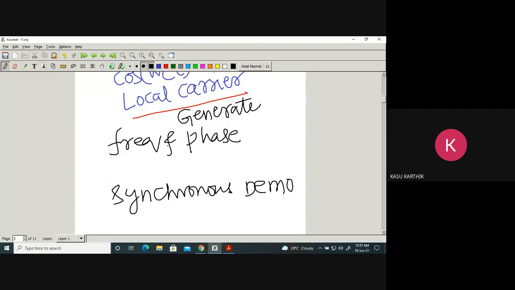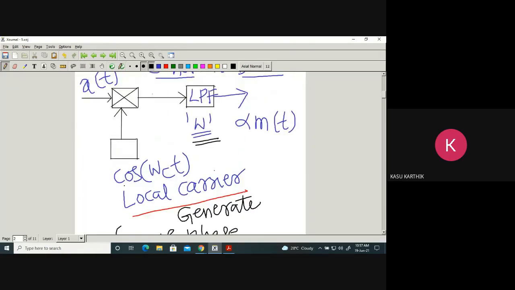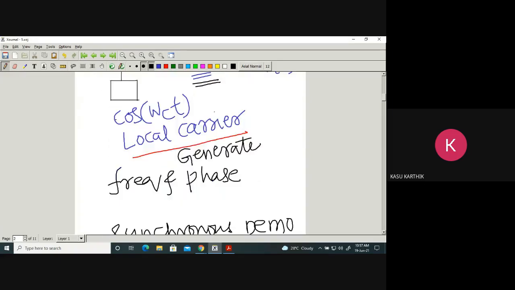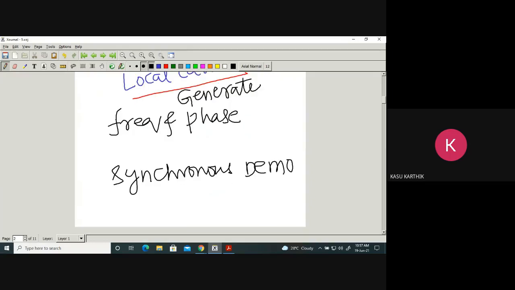If you give input to the circuit, you're getting output. There you're not generating any carrier. So that's why it is very simple. But here you have to generate a carrier, you have to multiply with it. This multiplication is also not so easy. It is analog multiplication. It is very difficult. So compared to ED, this is complex. But DSBSC cannot be demodulated by ED. That's why you have to go for this synchronous or coherent demodulator.